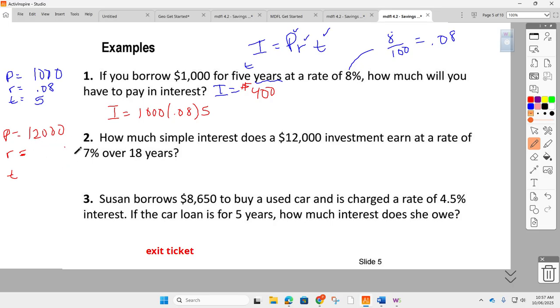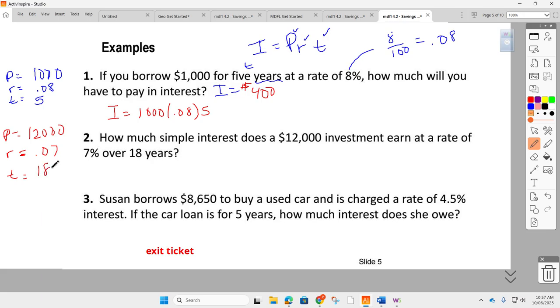Not 7%. What do we have to do? What do we do with the 8% up here? Oh, it's got to be in decimal, right? 0.07. Yes, so 7 divided by 100 is 0.07. You can put the 0 there if you want. And what is the time, Lawson? 18.